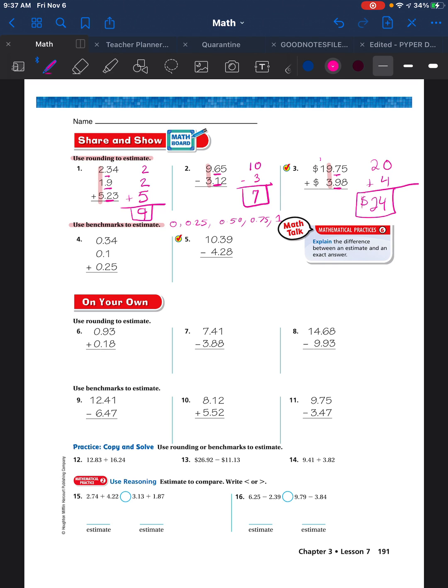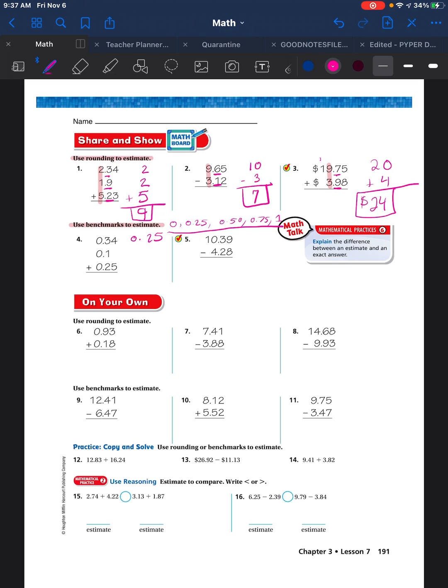All right, 4 and 5. This time we're using benchmarks. So we're only using 25, 50, 75, or 1, but they're hundredths. Okay, so 34. That would fall between 25 and 50. And which do you think that it is closer to? I would say it's still going to be closer to 0.25.